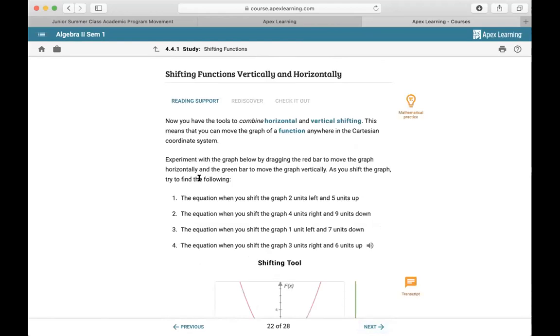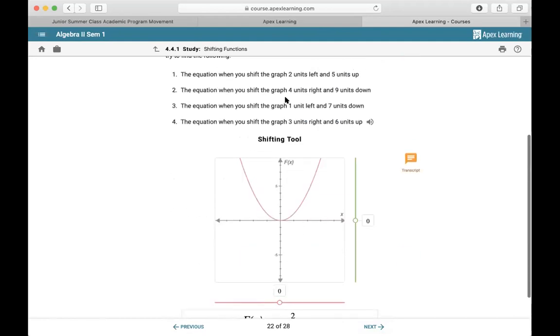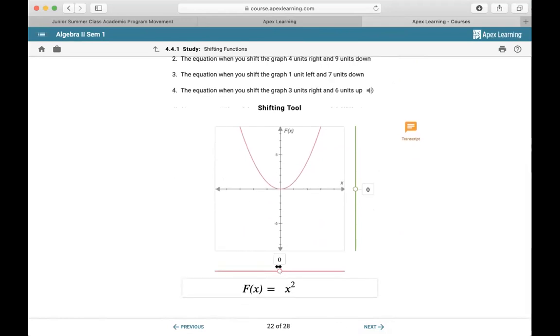And lastly here, I'll touch on this quickly, but when you're shifting graphs vertically and horizontally, you're just combining the two steps that you just learned. So for example here, it says shift 2 units left and 5 units up. Well, we know that if I go 5 units up, I have to add 5 onto the end. And if I go 2 units left, I have to add 2 directly onto my x coordinate.